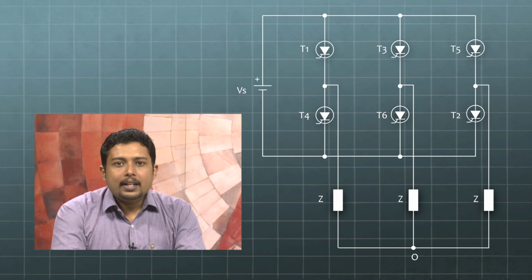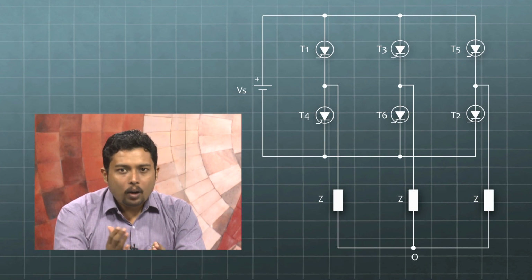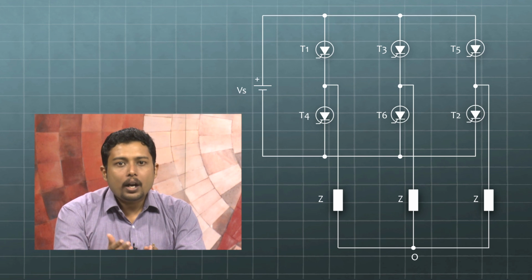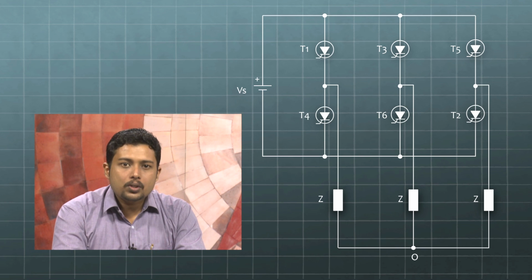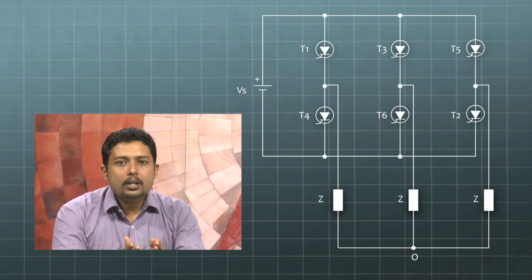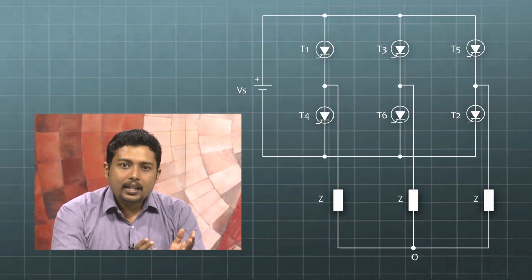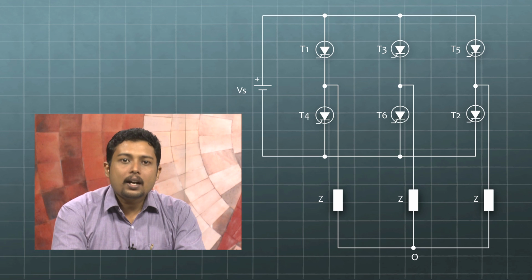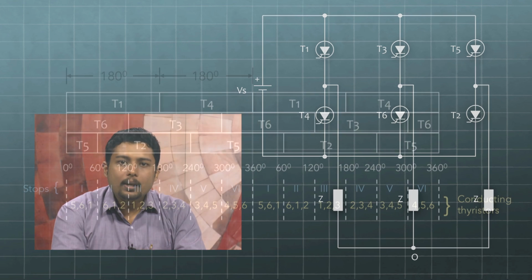Here you can see that T1 and T4 or T3 and T6 or T5 and T2 should not conduct together, as it can cause a short circuit. So only after T1 is turned off, T4 is turned on, and similarly once T3 is turned off, T6 is turned on, and once T5 is turned off, then only you can start with T2. So this follows the pattern.